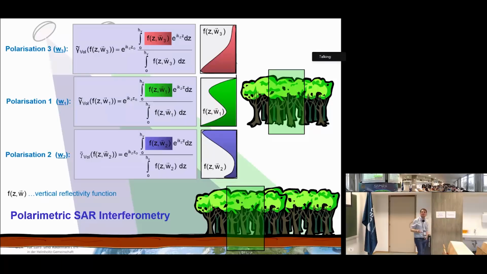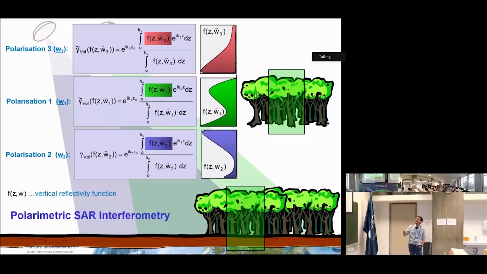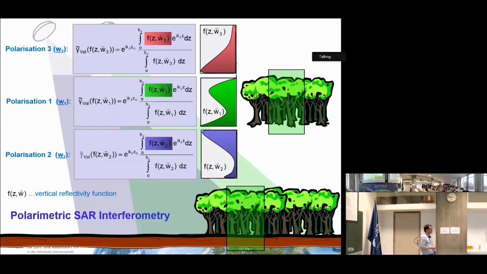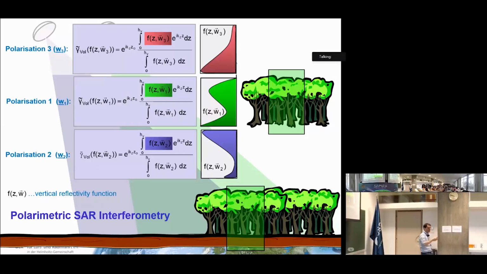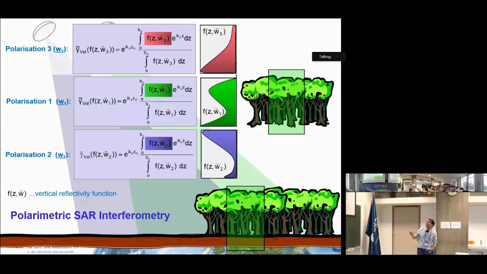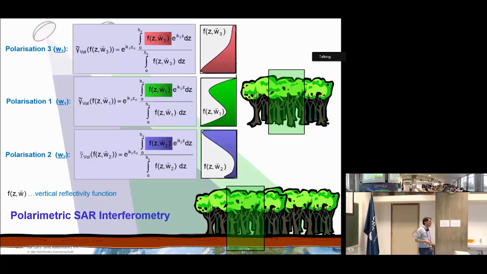Now you see, for instance, that when you make an optimization of this kind, you may change the absolute value of the coherence, but in a more sensitive way, you change the interferometric phase of the coherence. Because if this is the coherence where you start, which has a certain interferometric phase, a certain phase center above the ground, now here you move the phase center down, and here you move this phase center up.